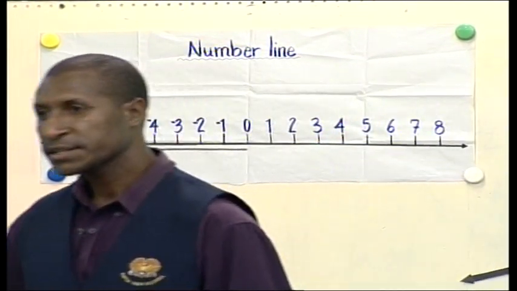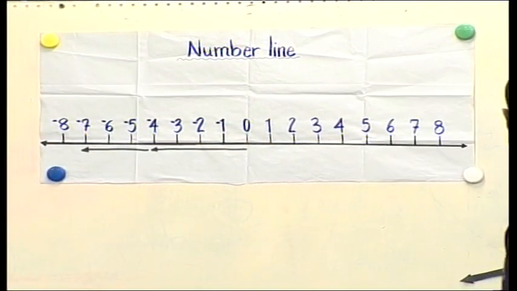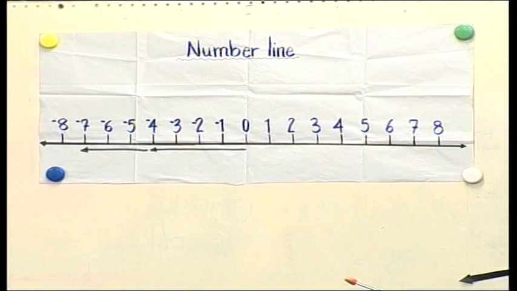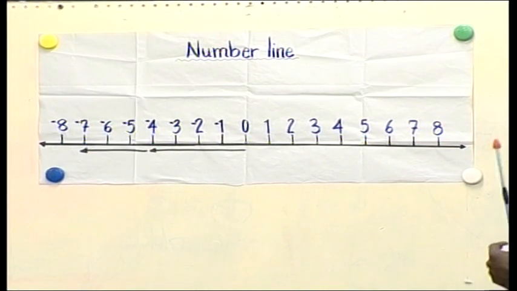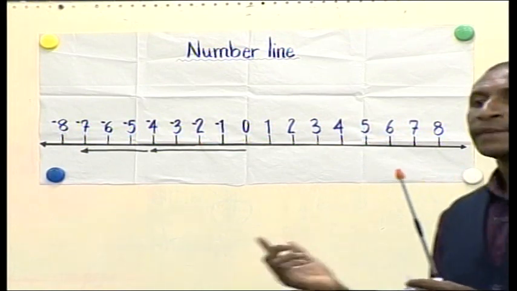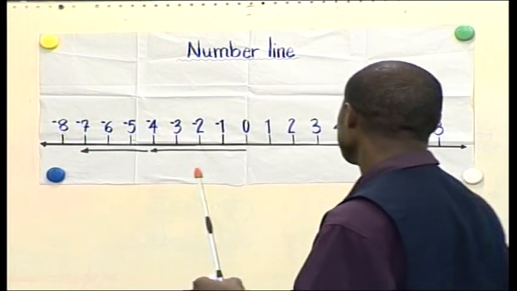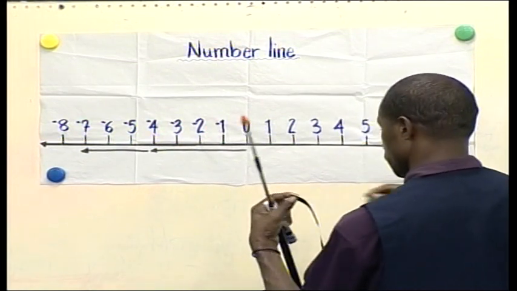The first integer is positive 8. So if positive 8 is the first integer, we start from 0 and move left or right direction? Right direction of the number line.